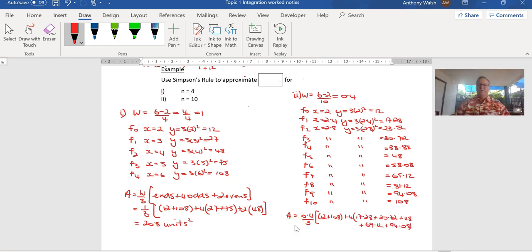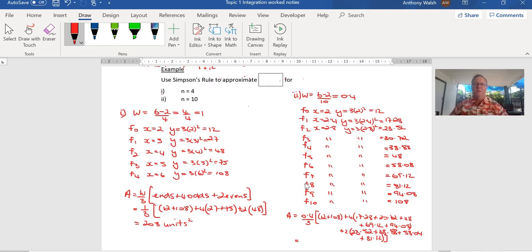So 17.28 plus 30.72 plus 48, and so on, plus 2 times the evens, which would be F2, F4, and so on. So that means 2 times F2, which is 23.52, plus F4, which is 38.88, and so on. Again, there are fewer even strips than odd strips.